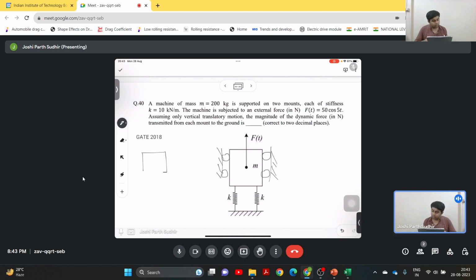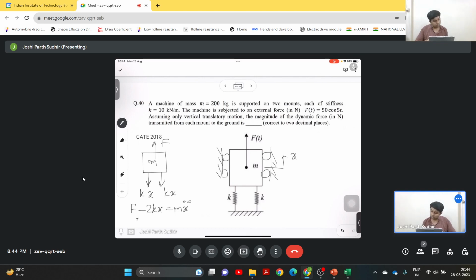That is because of the spring force. So let us draw the free body diagram for this mass. F is the forcing frequency, and let us say x is the displacement of the mass, and let us apply Newton's second law to this block. So we will get F minus 2kx is m x double dot.